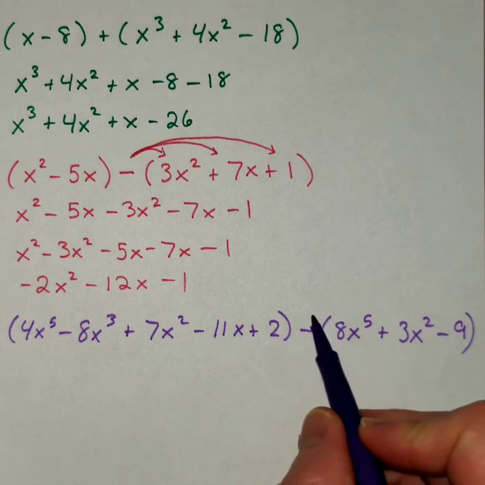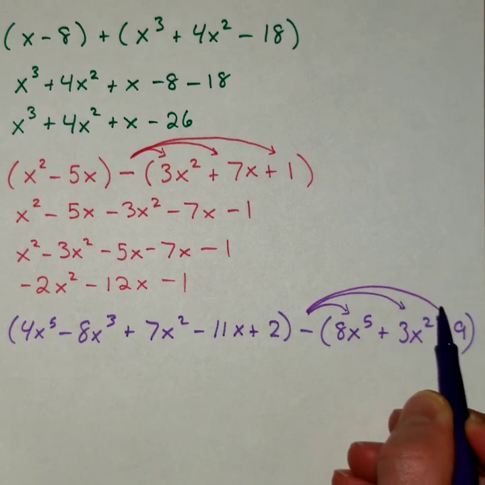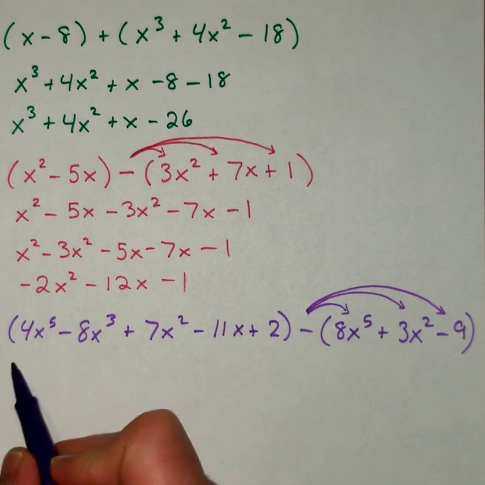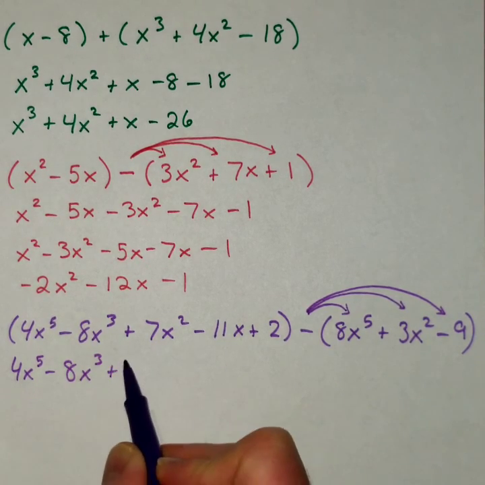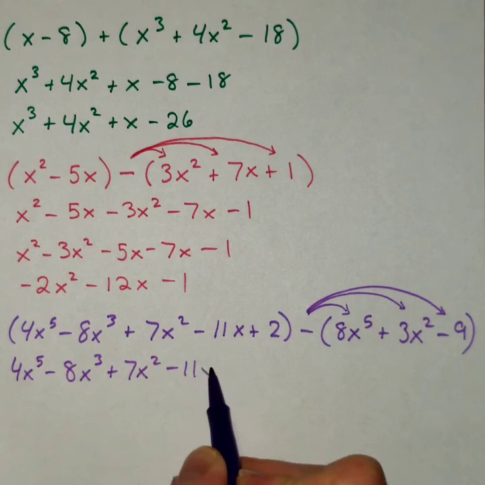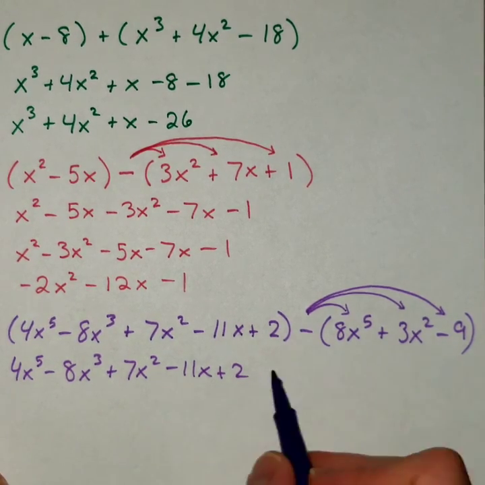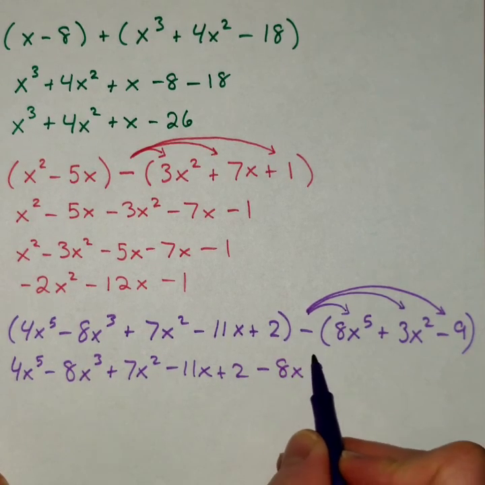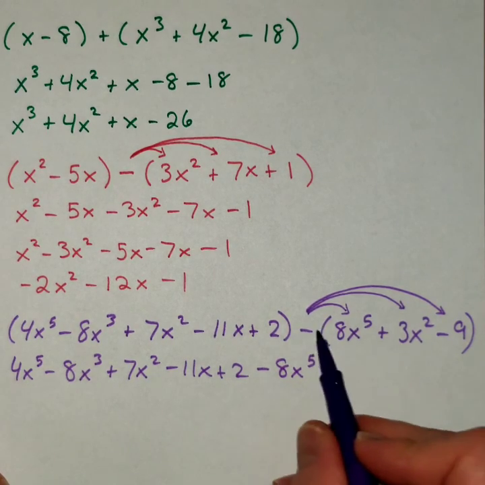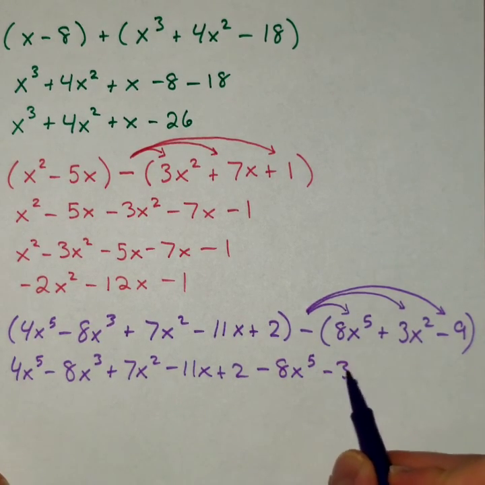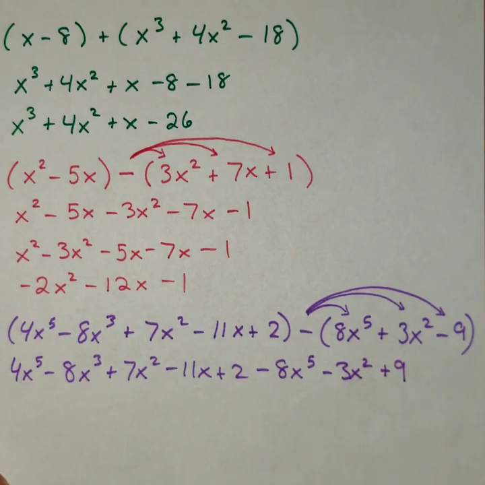Here again, I'm going to distribute this minus to every term that follows it. So I really have 4x to the 5th minus 8x to the 3rd plus 7x squared minus 11x plus 2. I always rewrite that first one as is, and then write the second one with all the changed signs. So a negative 8x to the 5th, then negative times a positive is a negative 3x squared, and then negative times negative makes for a positive 9.